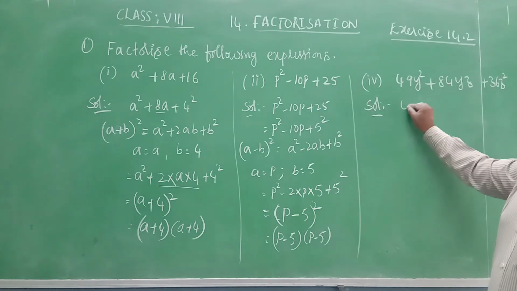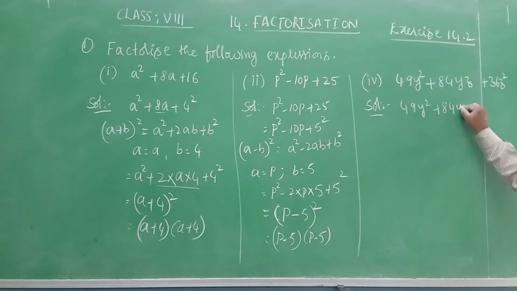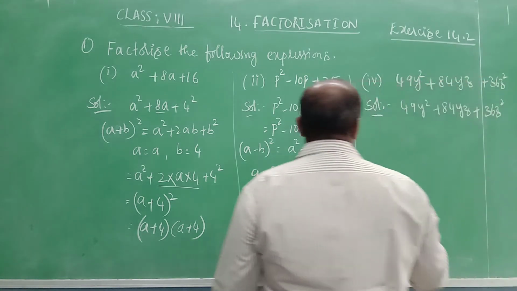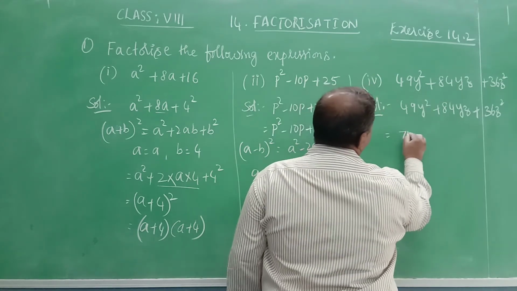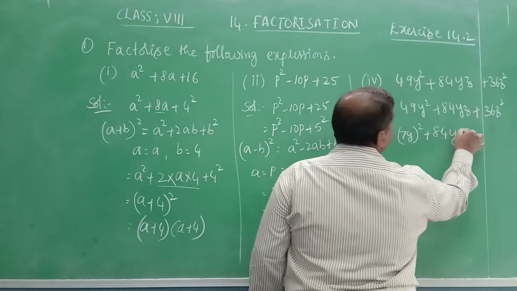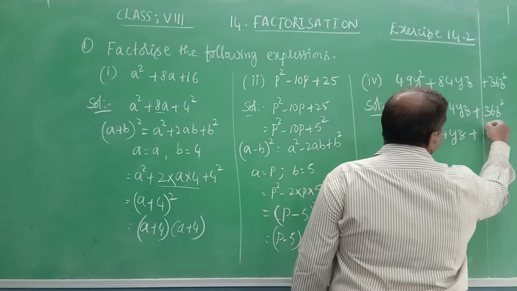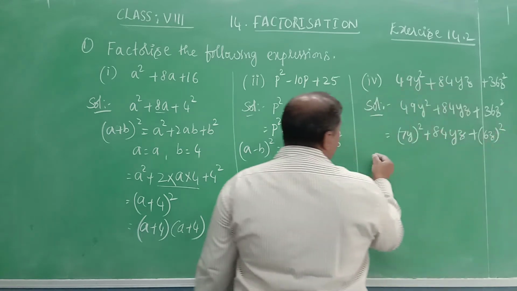That is 49y square plus 84yz plus 36z square. 49 is 7 square, so (7y) whole square plus 84yz plus 36 is 6 square, (6z) whole square. Now write the identity.